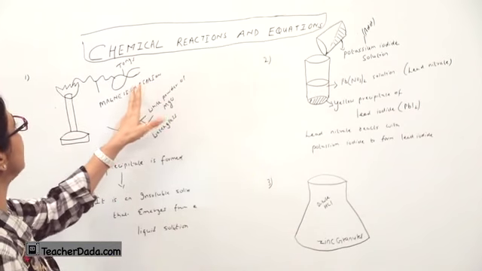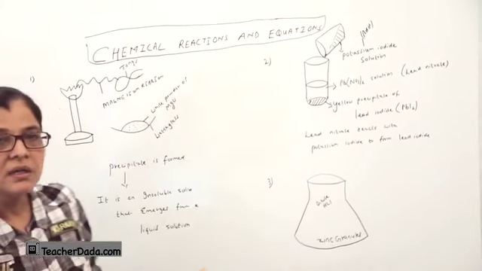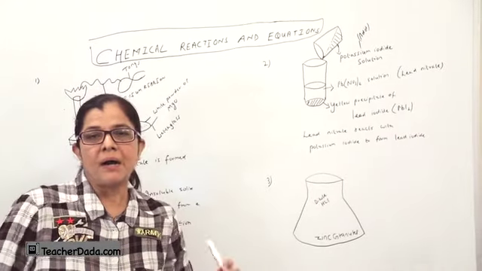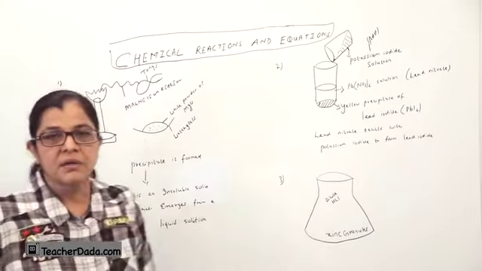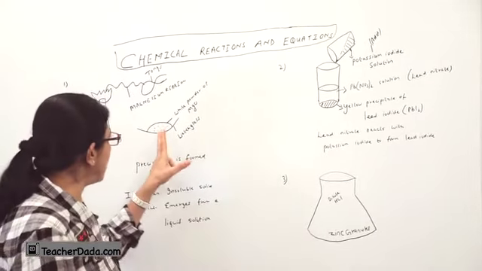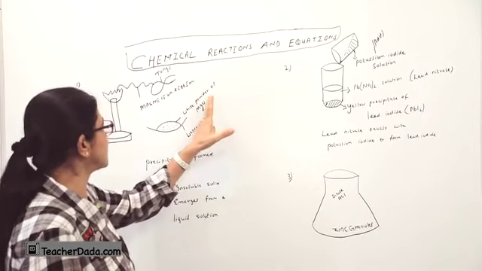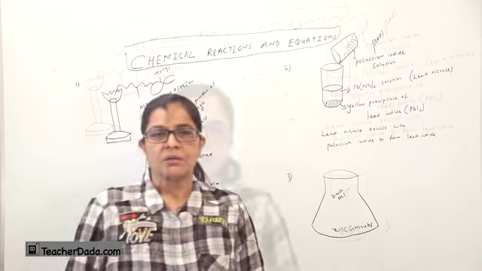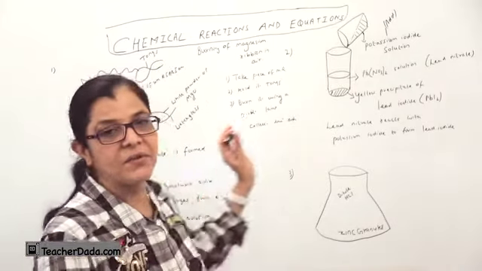This is the magnesium ribbon and this is the tong. Now burn it using a spirit lamp and collect the ash formed in a glass. What can you see? You can see the white powder of magnesium oxide. Now let us understand more in depth with the help of these experiments.